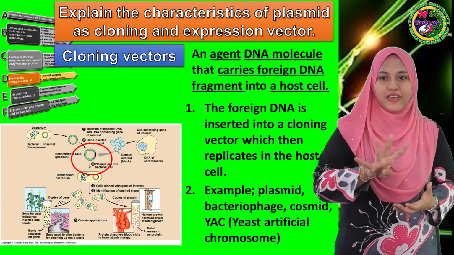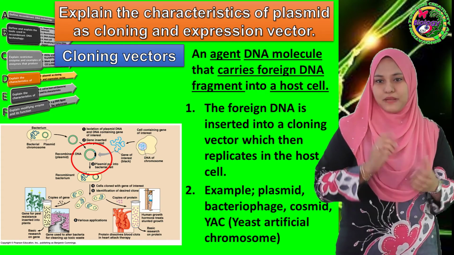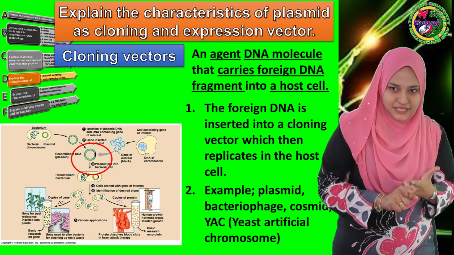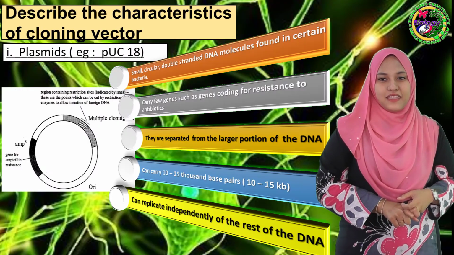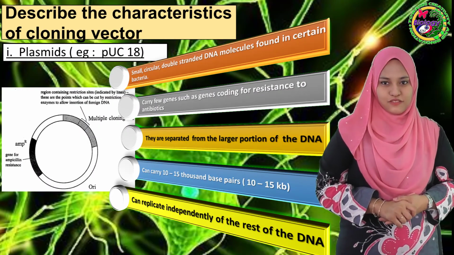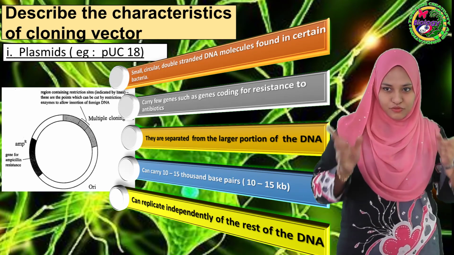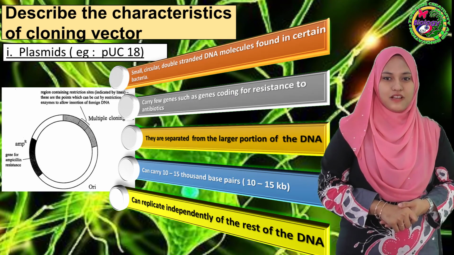There are four examples of cloning vectors that are commonly found: plasmids, bacteriophages, cosmids, and YAC, which is yeast artificial chromosomes. The most commonly used DNA cloning vectors are plasmids. So what is a plasmid? It is a small, circular, double-stranded DNA molecule found in certain types of bacteria.